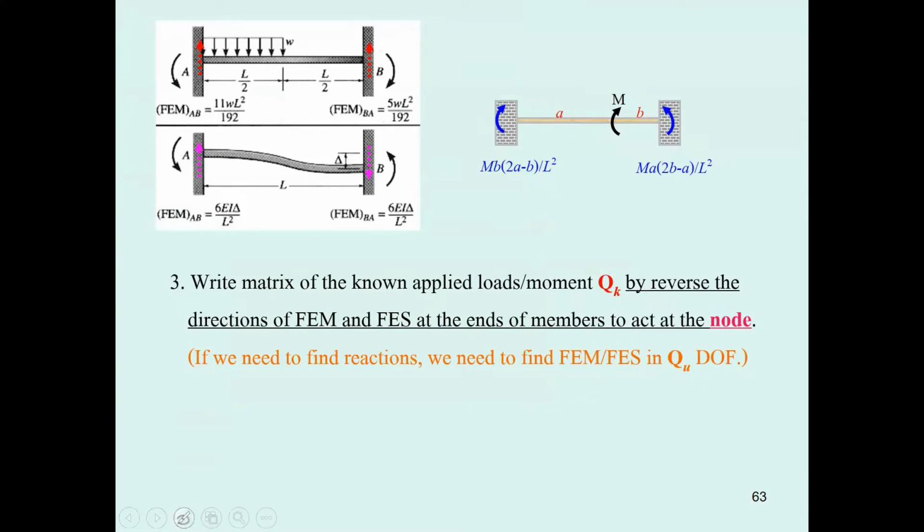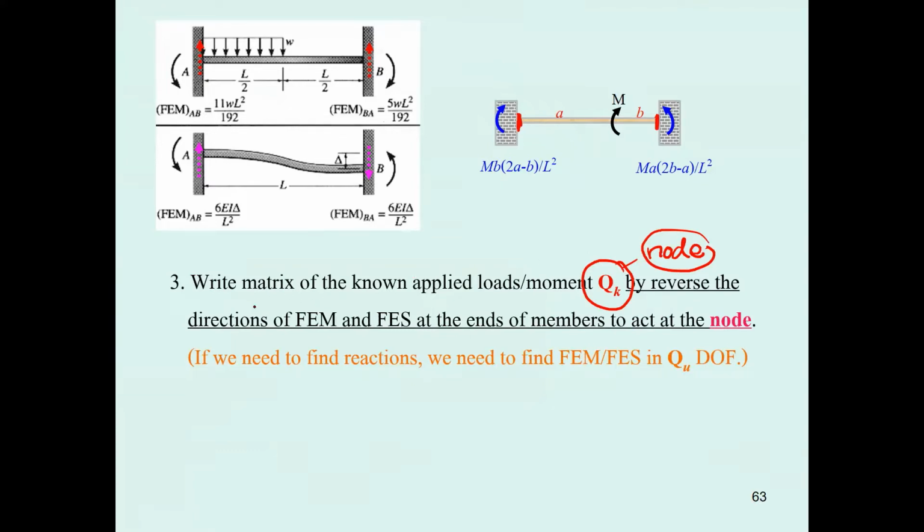And as I mentioned before, when we are going to find the Q sub K, the Q sub K is the force and the moment at the node. So this one applies at the end of the members.